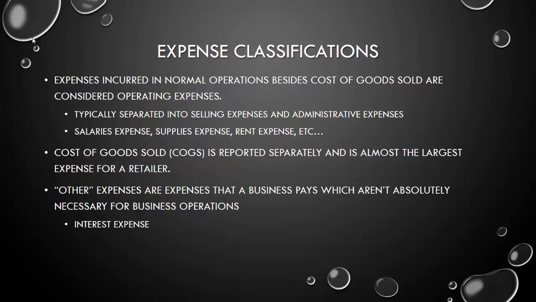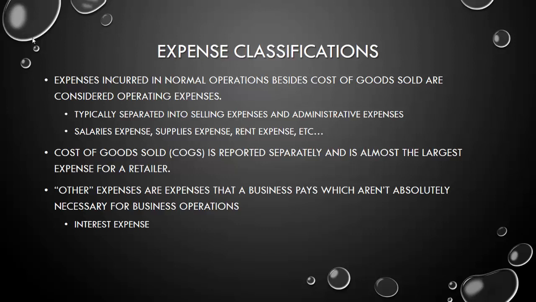All of your other normal operation expenses, your salaries, your supplies, your insurance, your rent, advertising, all of these things are normal cost of the business. And every normal cost of the business besides cost of goods sold is going to be classified as your operating expenses. So those get reported separately from your cost of goods sold.